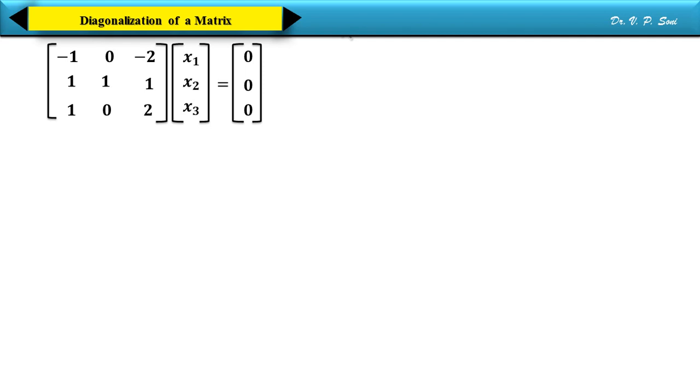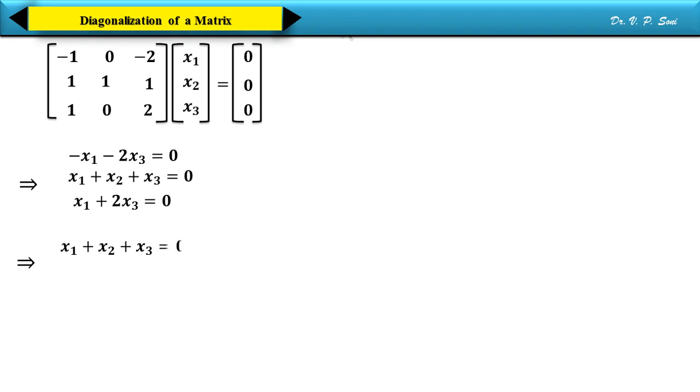Now multiply matrix A minus lambda I and column matrix x1, x2, x3, then we get minus x1 minus 2 x3 equal to 0, x1 plus 2 x2 plus x3 equal to 0, x1 plus 2 x3 equal to 0. Therefore we have two distinct equations, x1 plus x2 plus x3 equal to 0 and x1 plus 2 x3 equal to 0.